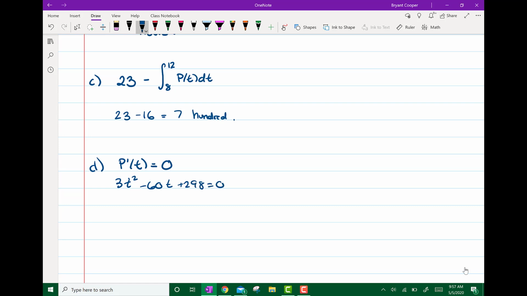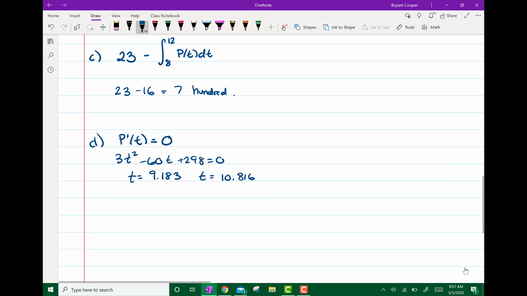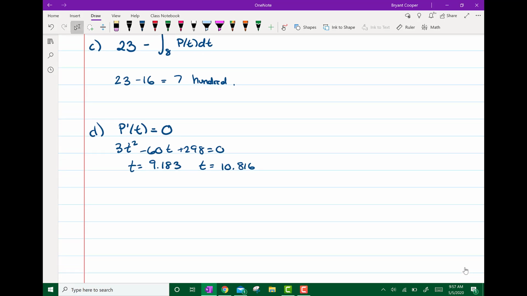You go ahead and just graph that on your calculator, and you get t is equal to 9.183, and t is equal to 10.816. So we have to check not only our critical values, but our endpoints. So we have t and P of t, and our t values are going to be 8, 9.183, 10.816, and 12.